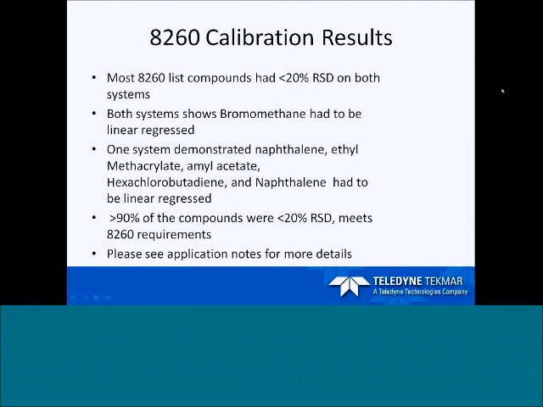On one system, naphthalene, ethyl methacrylate, amyl acetate, and hexachlorobutadiene had to be linear regressed. Even with that said, more than 90% of the compounds were less than 20% RSD, which meets the 8260 requirements. You can also check out our application note for more details.